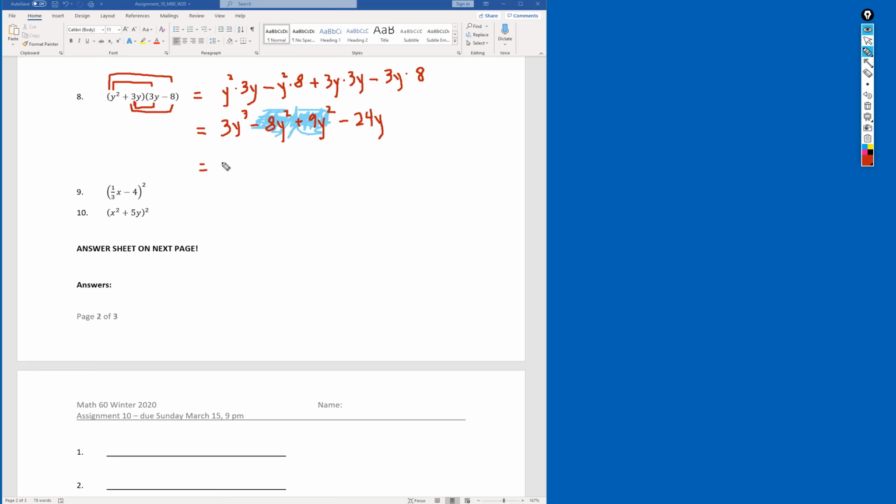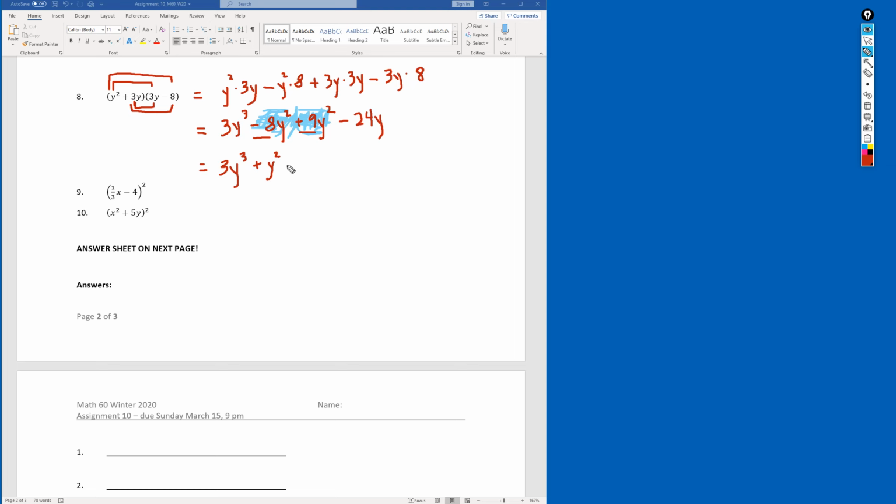All right, so 3y cubed. And then think of it this way: we've got plus 9 of them, and then we're going to have minus 8 of them. 9 minus 8 is 1. So we're just left with 1y squared, or just plain old y squared.